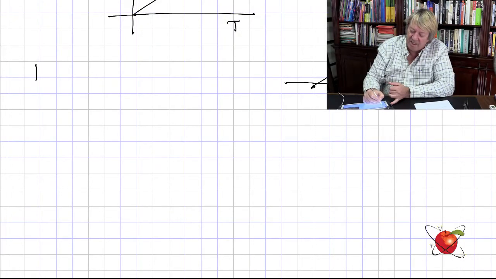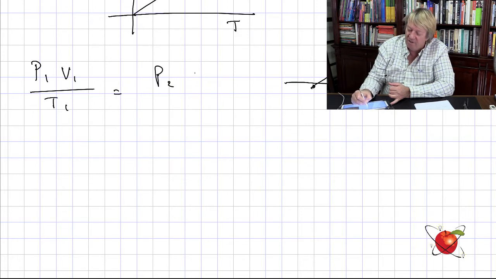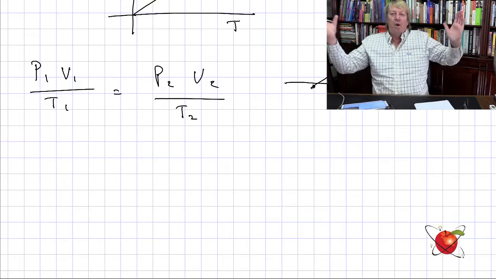Essentially what we're doing with this is creating a situation where we end up with a law that says P1 V1 over T1 equals P2 V2 over T2. What is this saying?